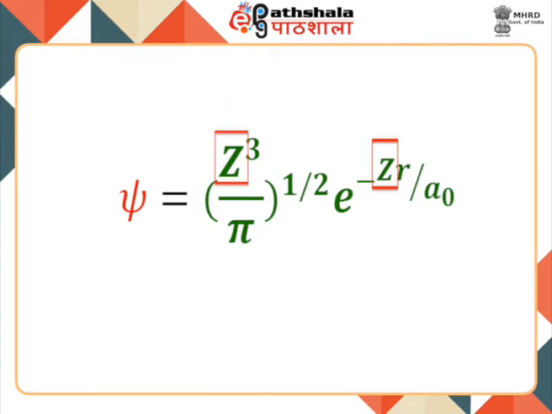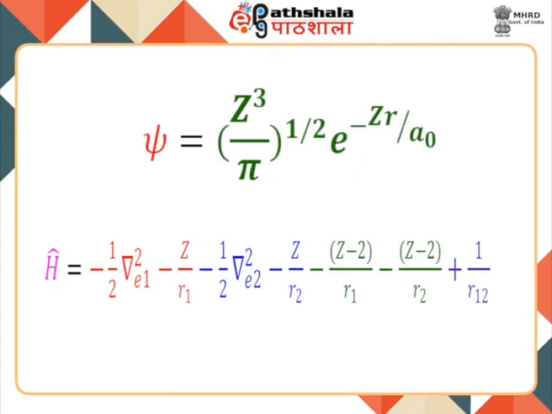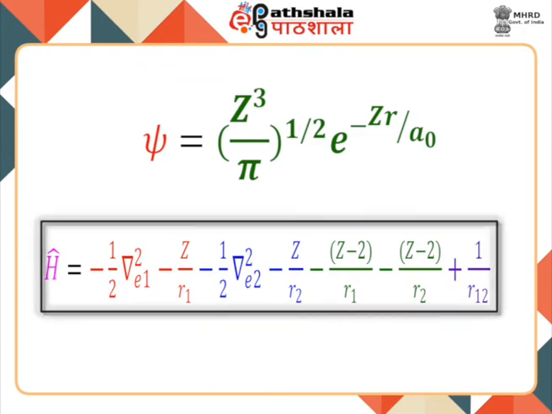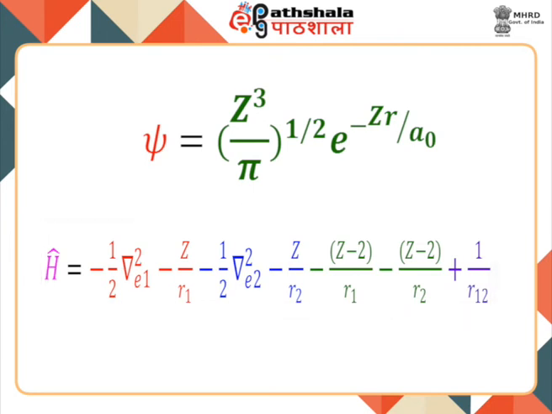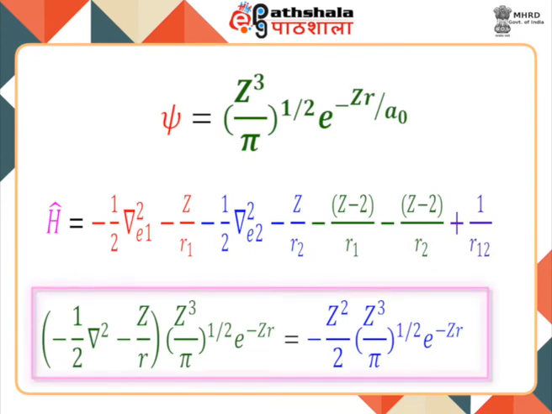With this, equation 11 gets simplified as given in equation 14, that is, Hamiltonian for helium atom becomes minus 1 by 2 delta E1 square minus z by r1, minus 1 by 2 delta E2 square minus z by r2, minus (z minus 2) by r1, minus (z minus 2) by r2, plus 1 by r12, where one electron Schrödinger equation H psi is equal to E psi can be written as in equation 15, that is minus 1 by 2 delta square minus z by r into one electron wave function, that is under root z cube by pi into e to the power minus zr, is equal to minus z square by 2 into under the root z cube by pi into e to the power minus zr.